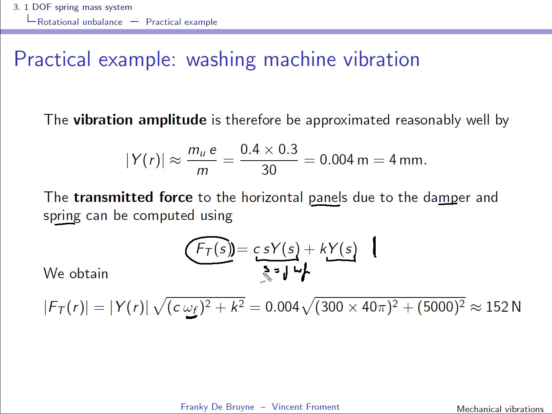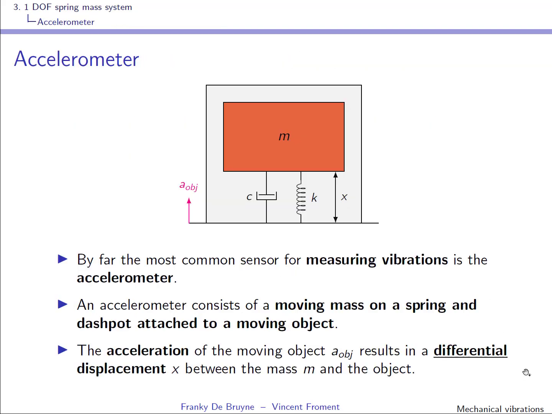Okay, so if we replace s by j omega F, we have a complex number of which you can compute the magnitude, right? And this magnitude is this square root times the magnitude of the amplitude vibration, and if we do that calculations, we obtain a force of 152 newtons.